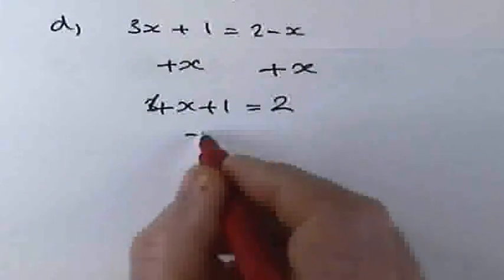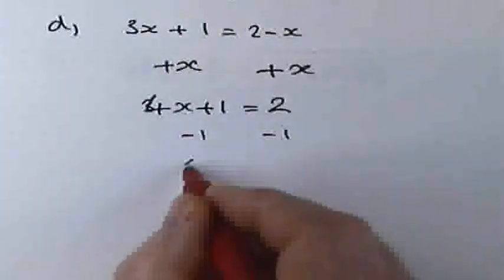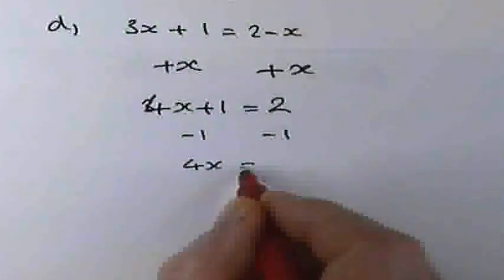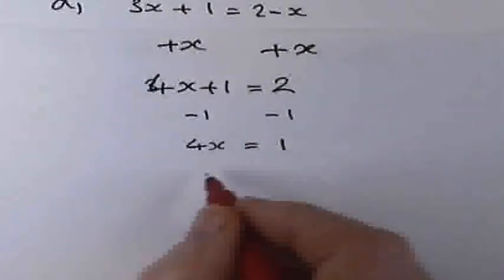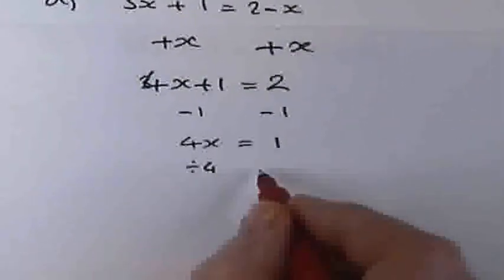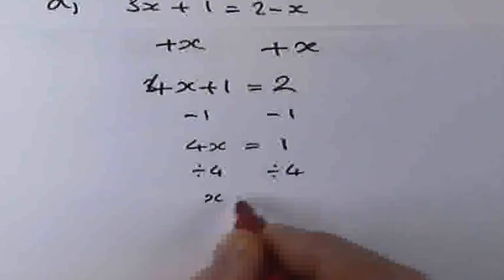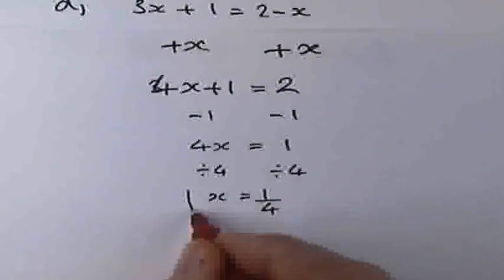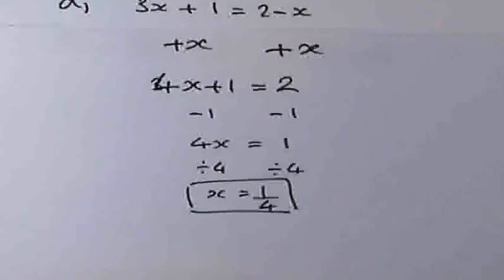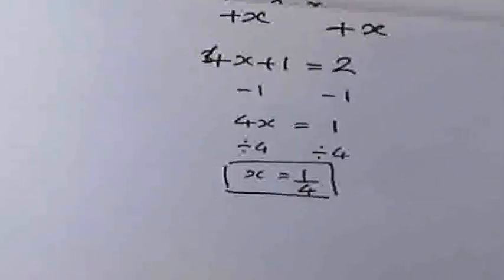Now we're going to subtract 1 from both sides, and we get 4x equals 1. And now we're going to divide both sides by 4, and we're going to get x is equal to 1/4. That's the answer to that one.